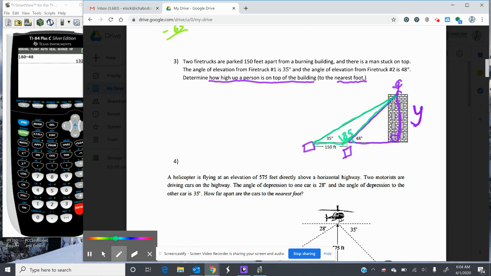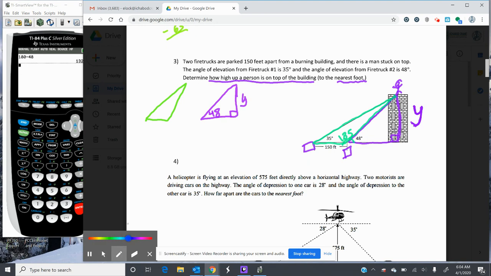So here we're going to redraw those 2 triangles. If I sketch the first triangle and sketch that second one and relabel them. In the right triangle, I have my 48 degrees. I have my opposite side Y that we need to find.